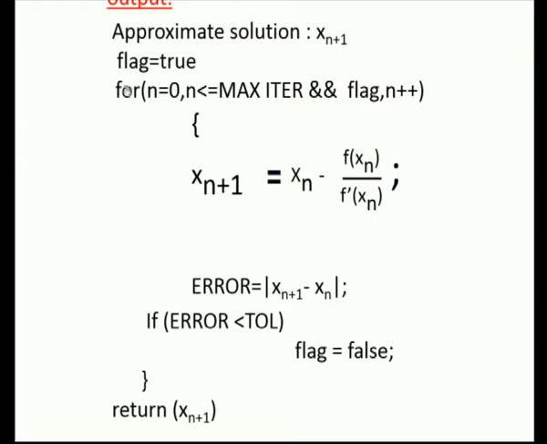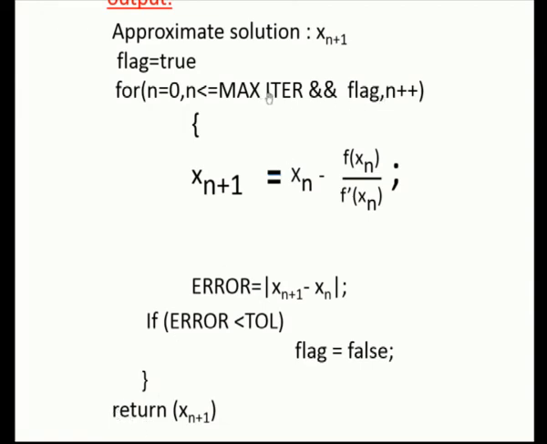Okay. So, for n equal to 0, n less than or equal to max iter, and flag, with the ampersand, this is the logical expression, and when the logical expression is true, the block structure will be executed. Once the logical expression becomes false, the control will exit the loop and go to the return statement.